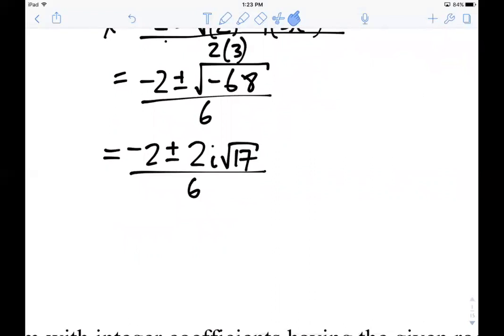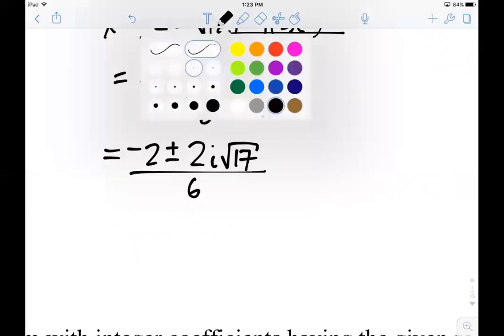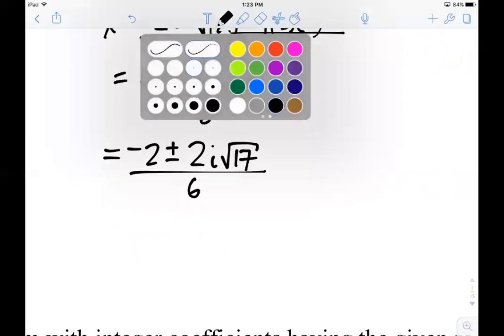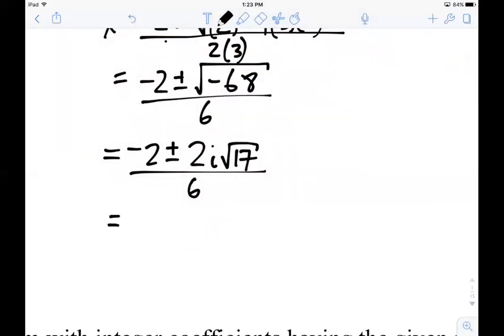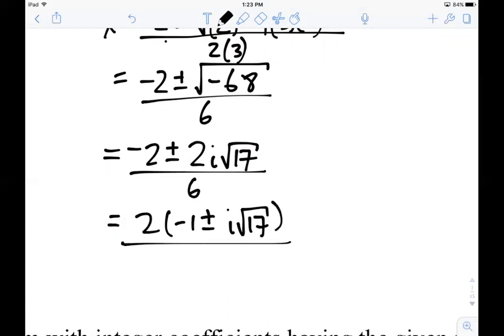Now it looks like I'm just about there, but I look at what I have on top, and I can do a little common factor again, just like I did in my previous one. So I'll common factor out a 2, leaves me with negative 1 plus or minus i root 17, and that's all over 6.